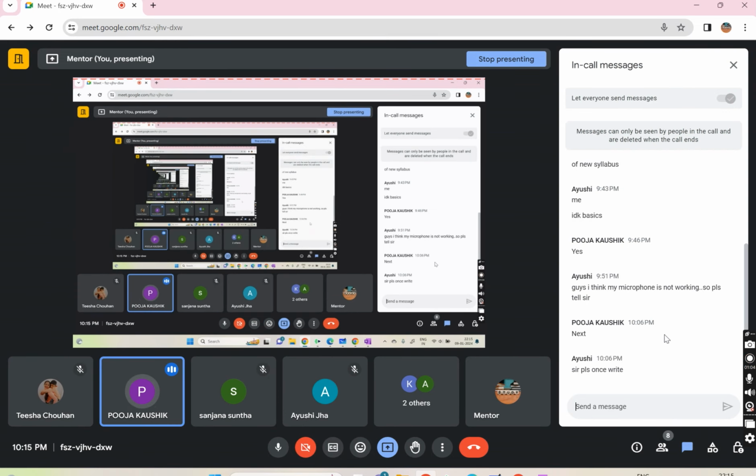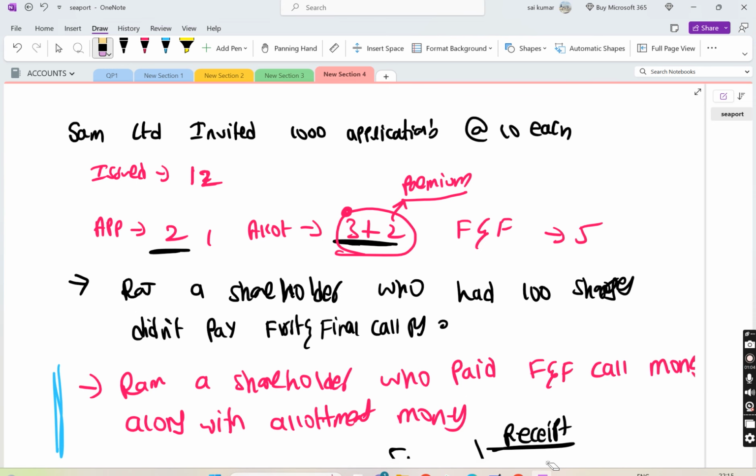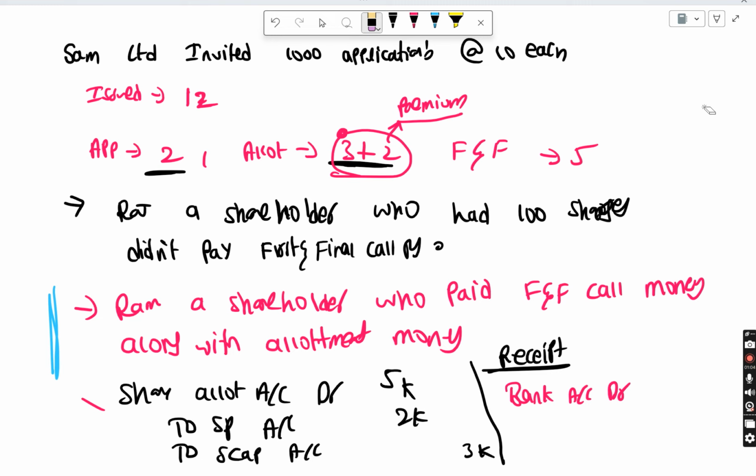So the entry will be bank account debit, calls in arrear account debit, to share allotment, to calls in advance, and the amount is 500 in calls in arrear and 5,000 in bank account, share allotment account. Sorry, how much is this? Yes, 5.